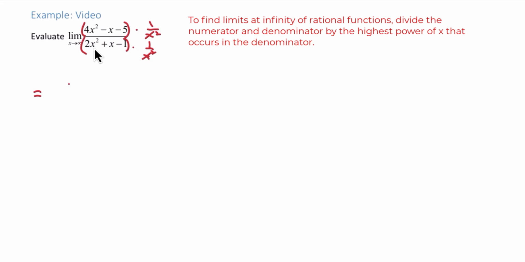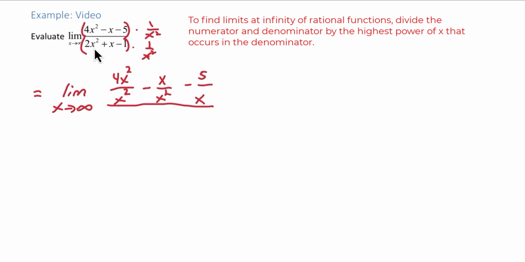So now we have the limit as x approaches infinity of the numerator 4x squared over x squared minus x over x squared minus 5 over x squared. And in the denominator, we have 2x squared over x squared plus x over x squared minus 1 over x squared.